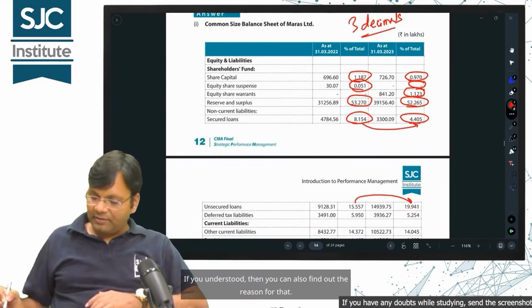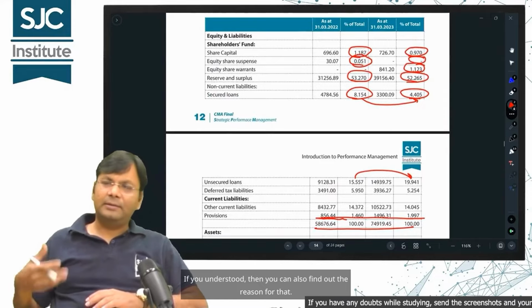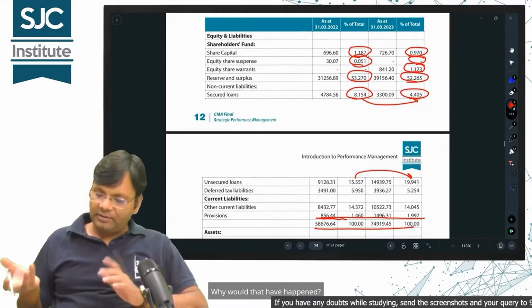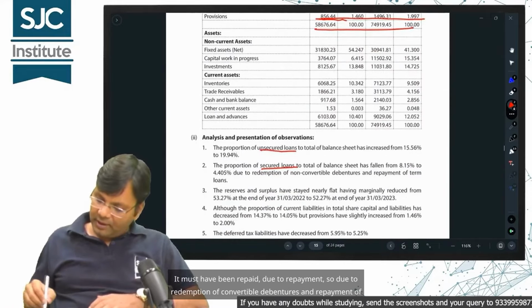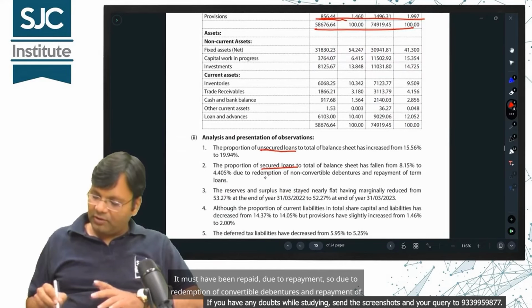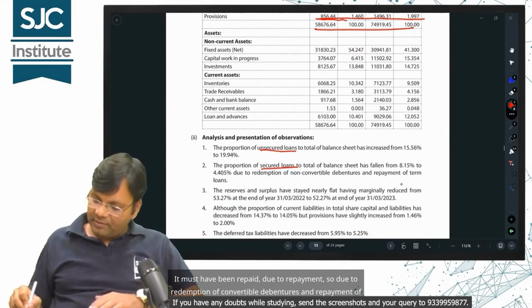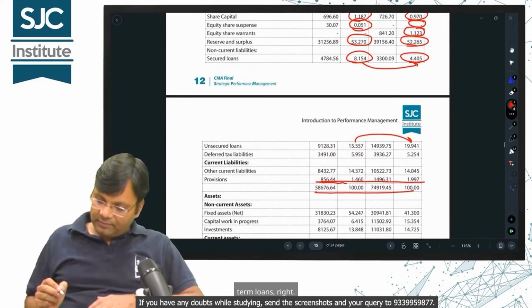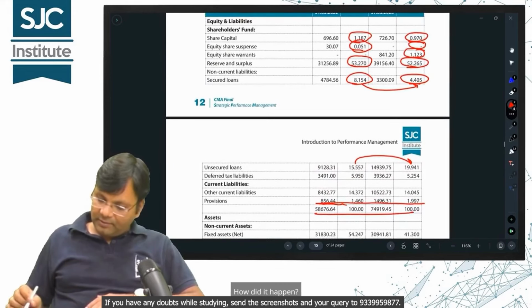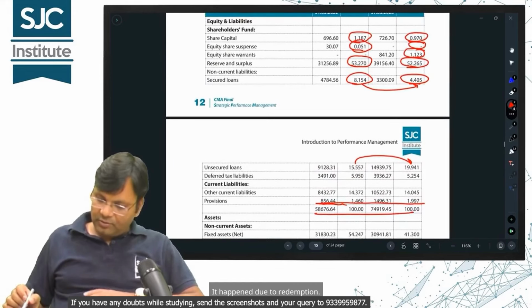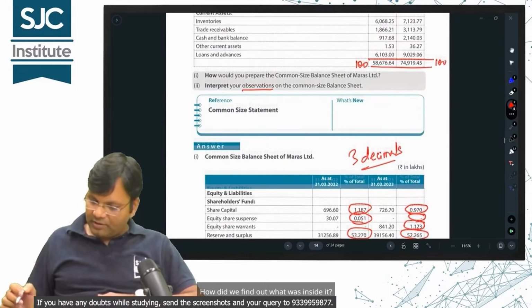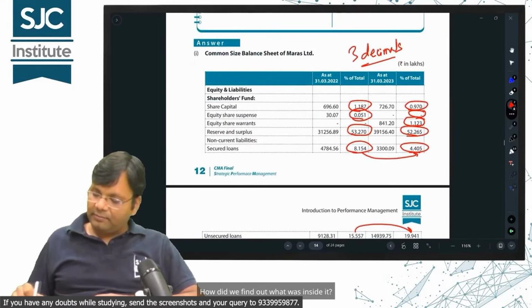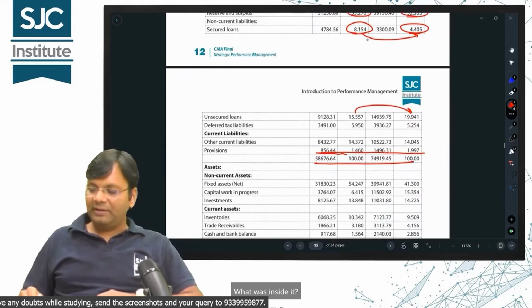If you understood, then you can also find out the reason for that. Why would that have happened? It must have been repaid, so due to redemption of non-convertible debentures and repayment of term loans, right? How did we find out what was inside it?